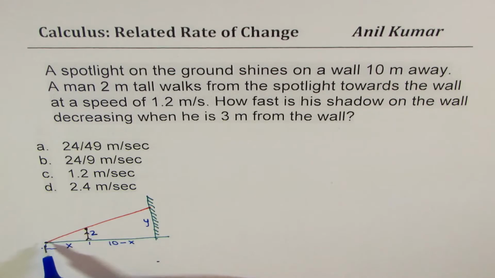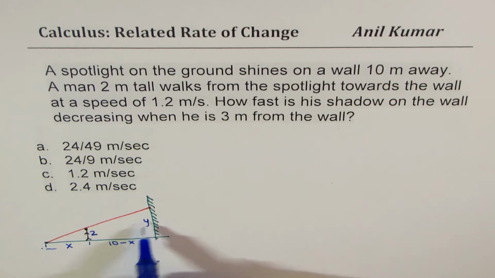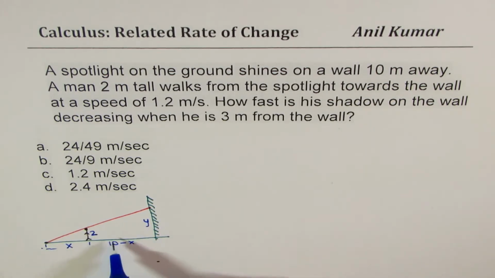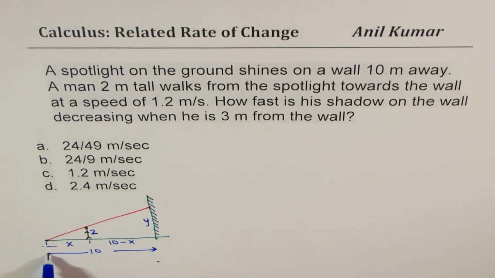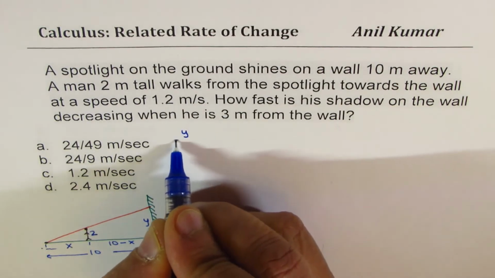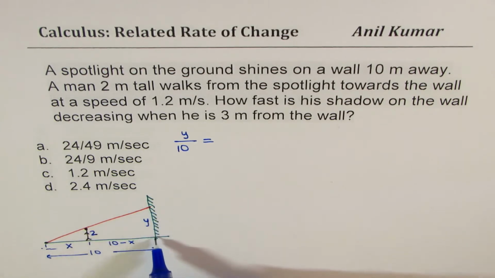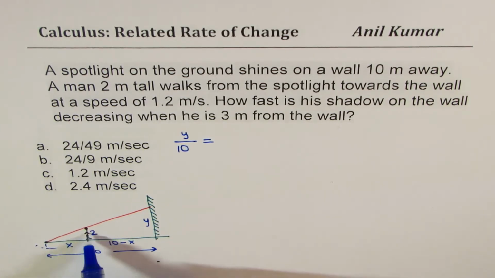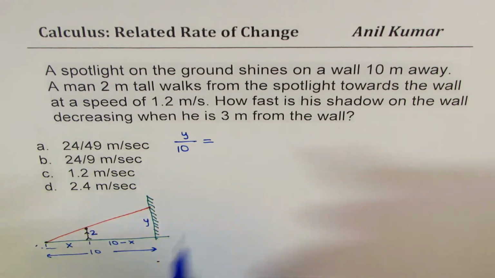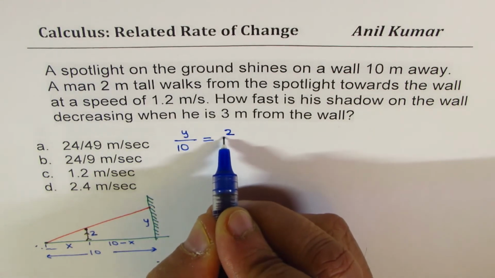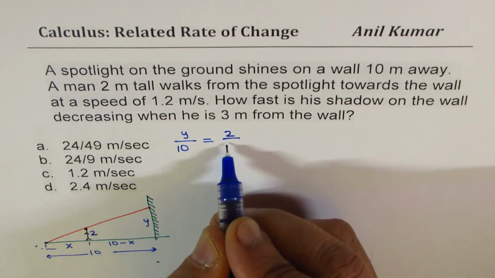Now, whenever you have this kind of situation, we can relate x and y with similar triangles, correct? So if you look at the bigger triangle, then we get y over the whole length, which is 10. So the equation is y over 10 is equal to, small triangle, 2 over x.